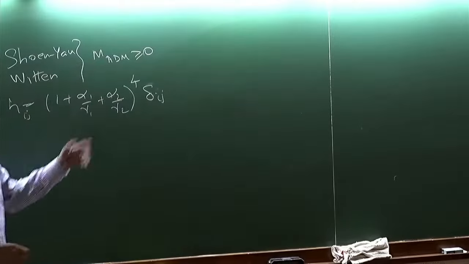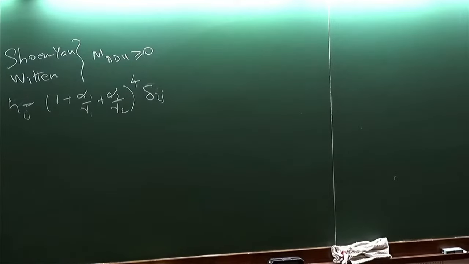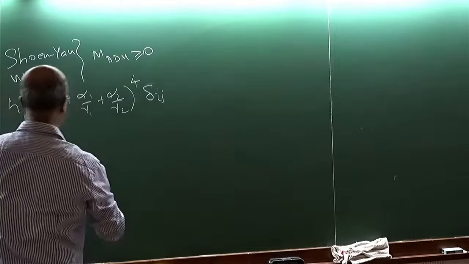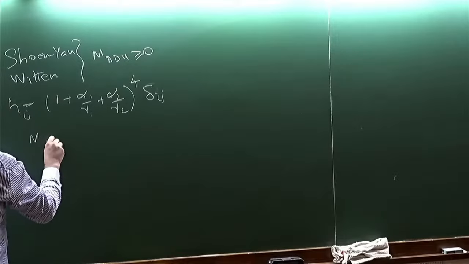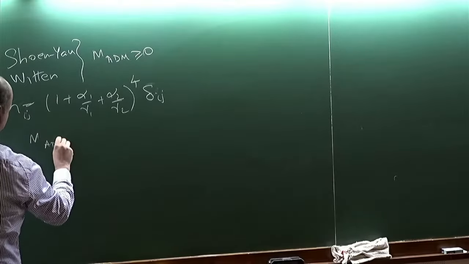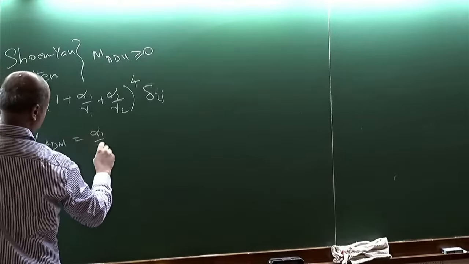This was for the two black hole case, right? So then for the two black hole case, I can go far away here, calculate the ADM mass, and that would essentially be the sum of the two guys, right? So this would be alpha 1 upon 2.